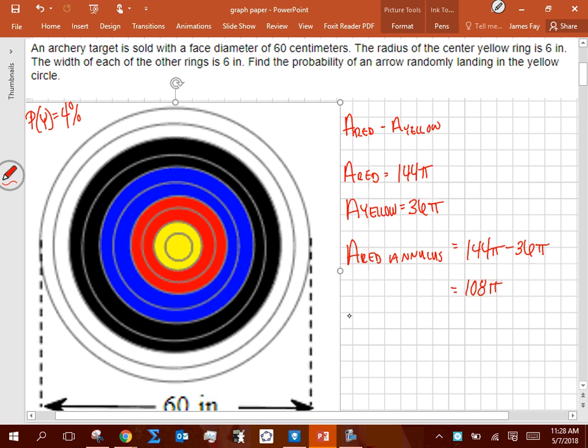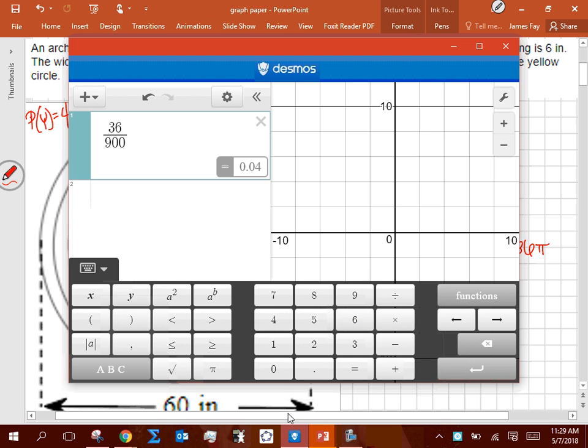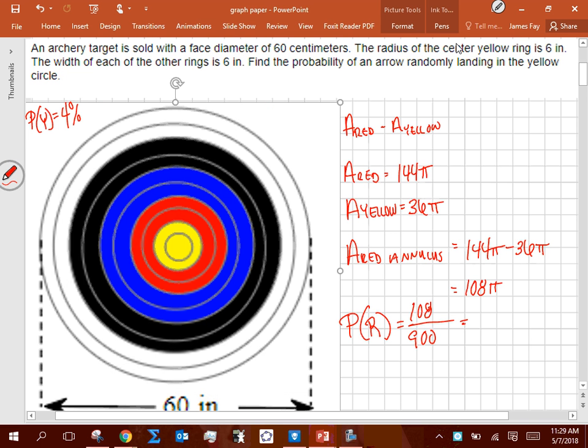So the probability of hitting red would be 108 divided by 900. And 108 divided by 900 gives me 12%, correct? So the probability of red is 12%.